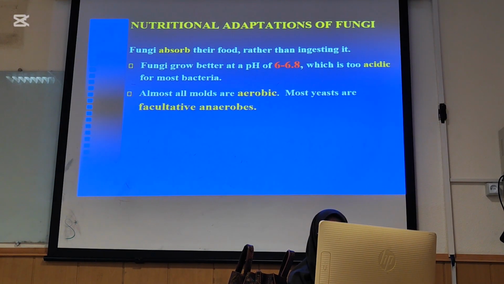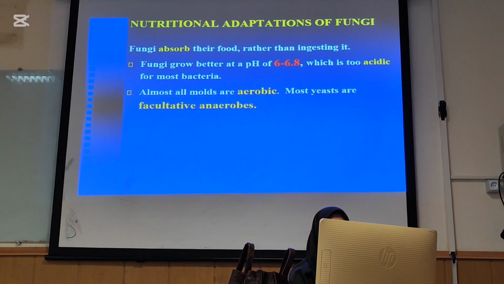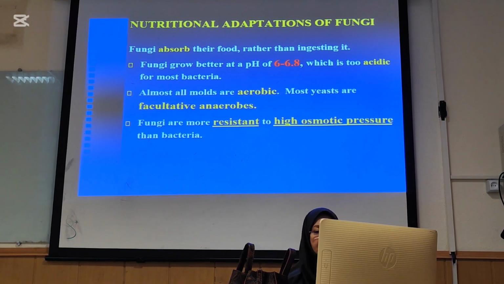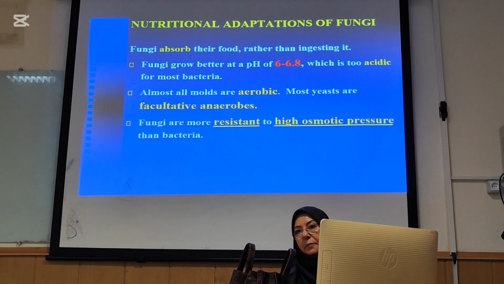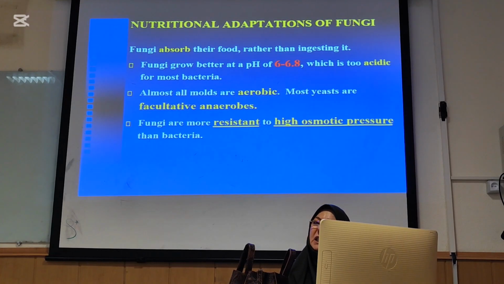Almost all molds are aerobic. Most yeasts are facultative anaerobes. Fungi are more resistant to high osmotic pressure than bacteria. So fungi are very easy to grow in comparison with bacteria.